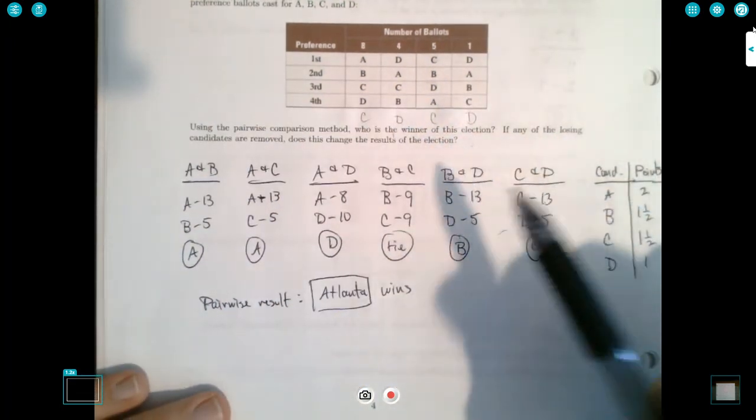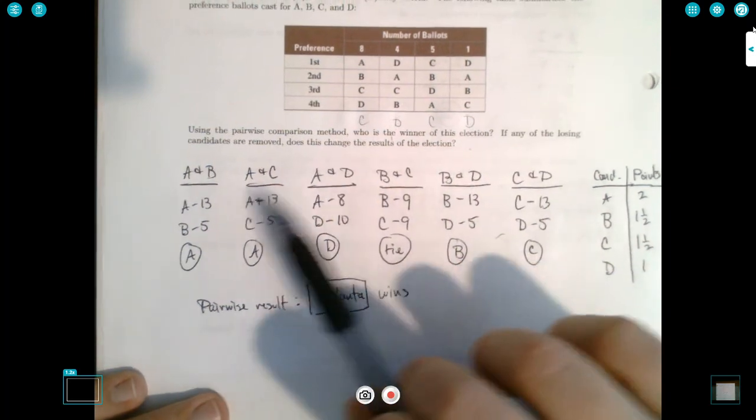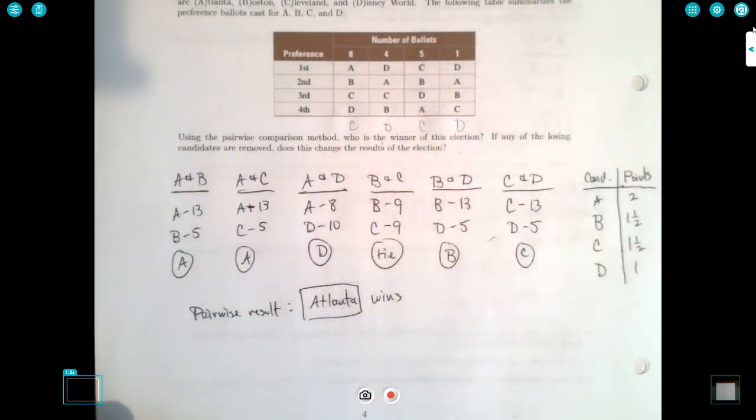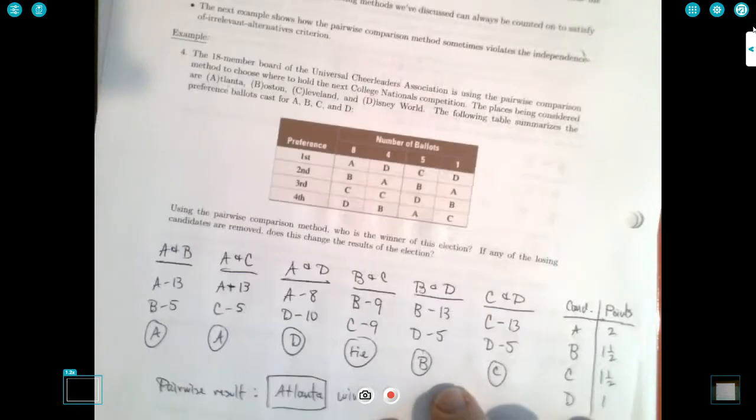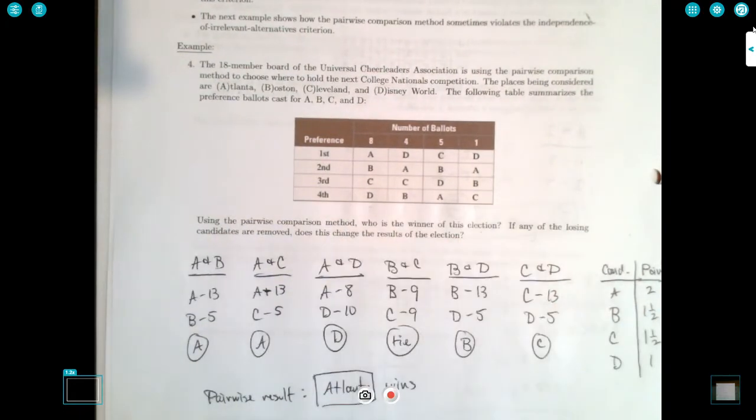Okay, but then it says, if any of the losing candidates are removed, does this change the results of the election? In other words, if we eliminate one of the losers, either B, C, or D, does this make it so that we get a different winner?